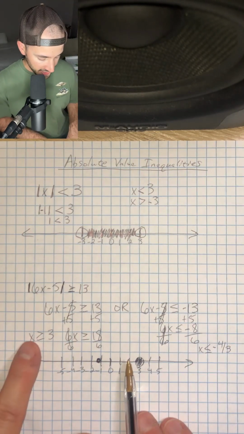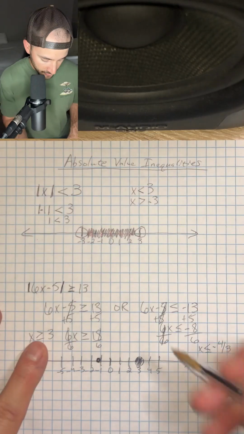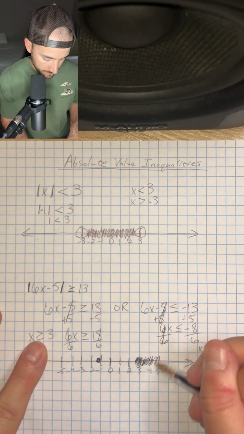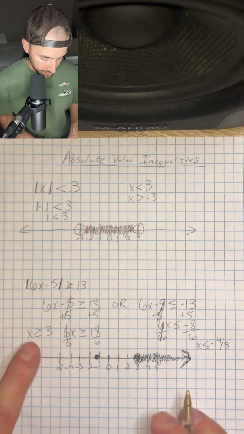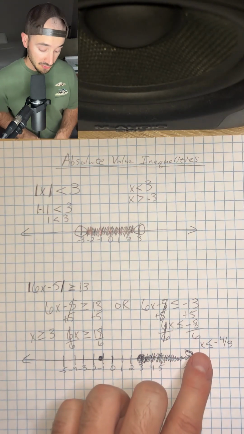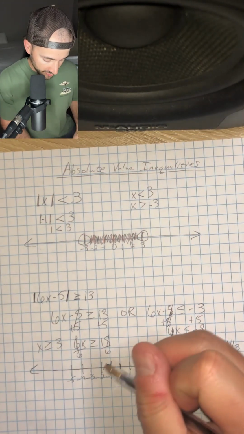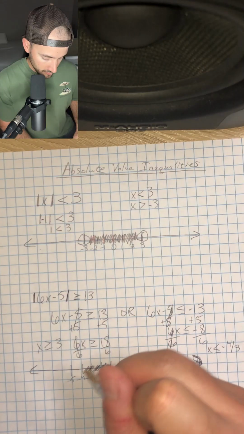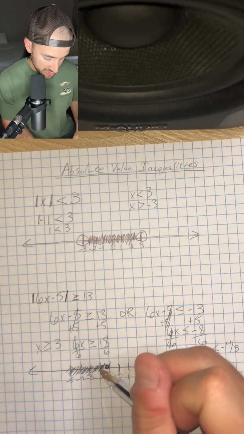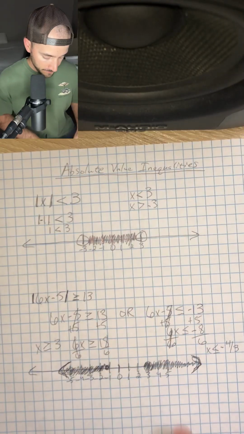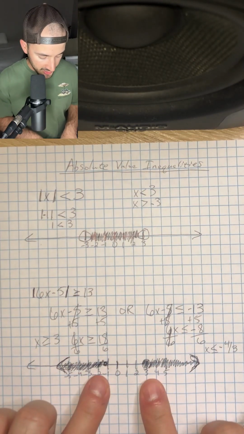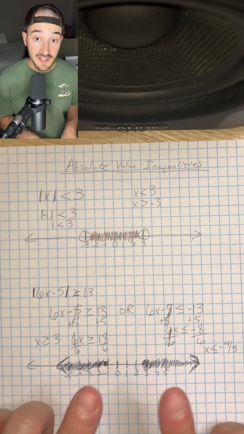So x is greater than or equal to +3, which means we're shading to the right, shading that way forever. And then x is less than or equal to -4/3, so we're shading to the left forever and ever towards -infinity. I'm going to go ahead and draw my arrow. And so that is how we would do that problem, and that is all you have to do.